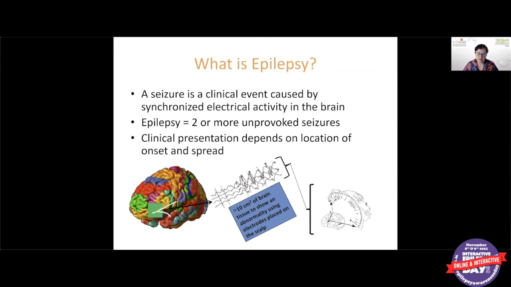And it just goes to show you that there's a fair amount of brain that's acting abnormally when you see that abnormal electrical activity reflected on the EEG tracing. And depending on which part of the brain is involved, sometimes it's the whole brain at once, and sometimes it's just one focal area of the brain that's starting the seizure out.